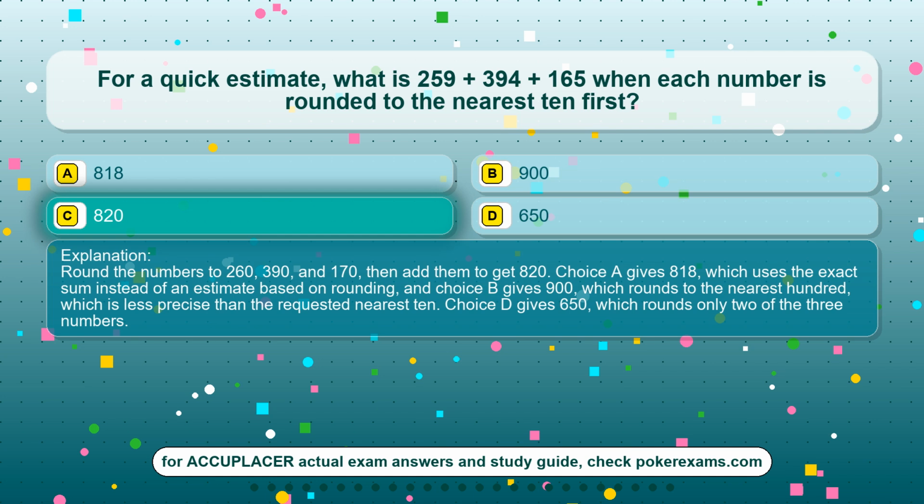Round the numbers to 260, 390, and 170, then add them to get 820. Choice A gives 818, which uses the exact sum instead of an estimate based on rounding, and choice B gives 900, which rounds to the nearest hundred, which is less precise than the requested nearest 10. Choice D gives 650, which rounds only two of the three numbers.